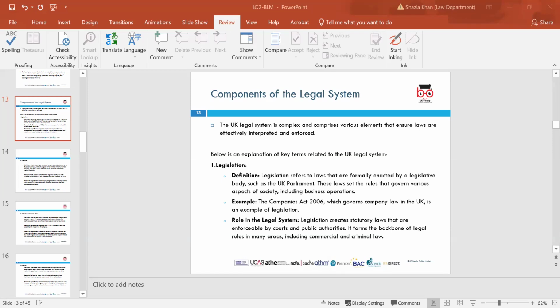And in the UK, we have primary and secondary legislation. The example they've given there is the Companies Act 2006, which governs company legislation in regards to how companies work.